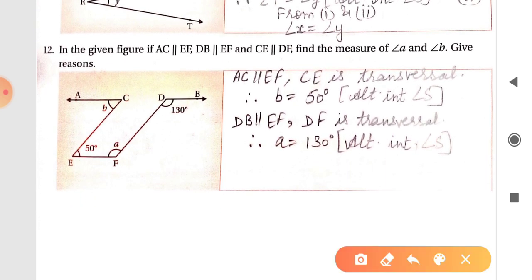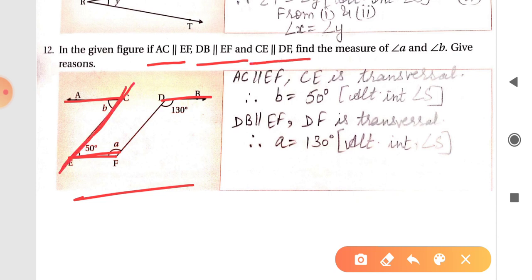In the given figure, AC is parallel to EF, this is the figure, and DB is parallel to EF, and CE is parallel to DF. This is CE and this is DF, they are also parallel.